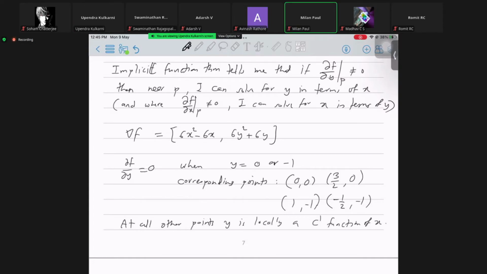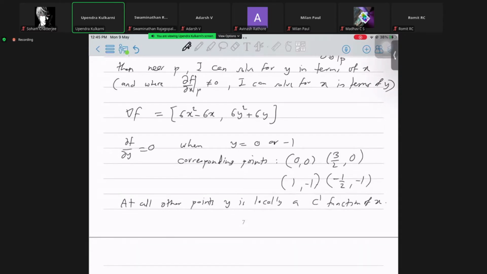No. See, just based on what we have done, we cannot really say that. Okay. So we really have to see what the behavior at this point is. So what happens? So how do we see this?